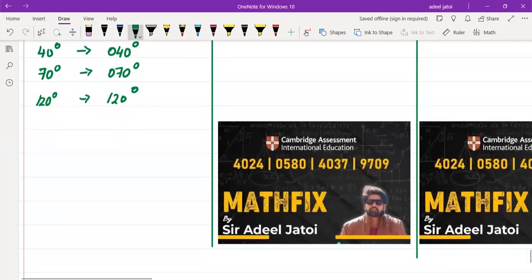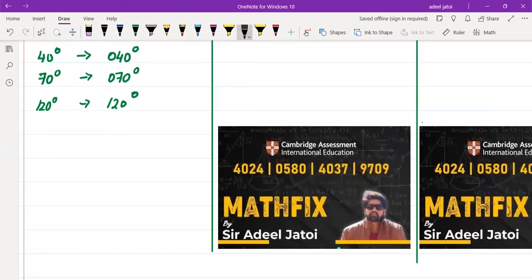But what is more important is that you need to understand that for bearing, it will move from the north direction. That means if I want to show that there is a line, that means there is an angle or point.